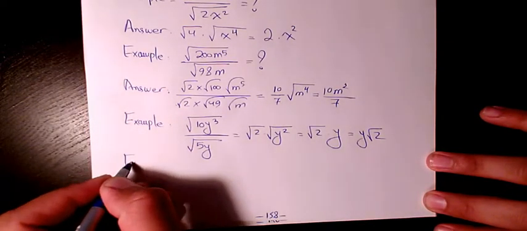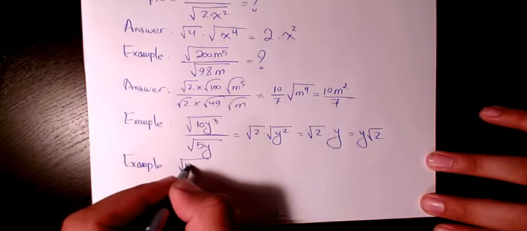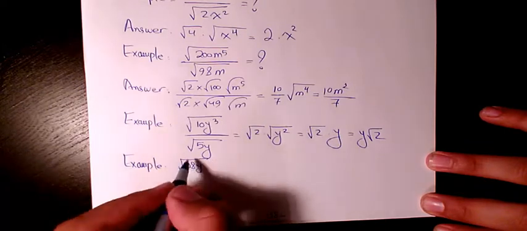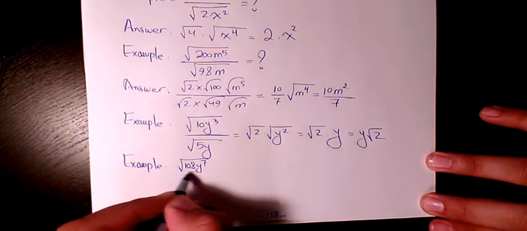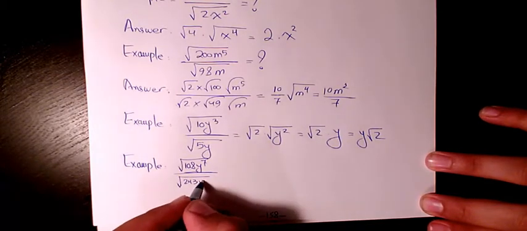Next example is the square root of 108y to the power of 7 divided by the square root of 243y to the power of 3.